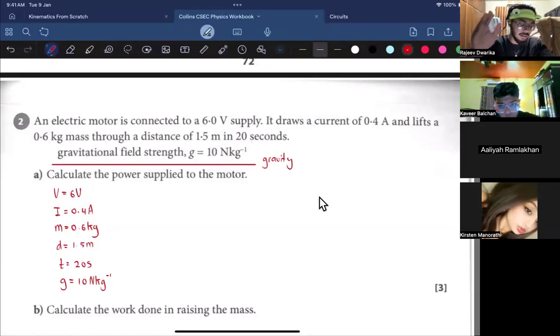So with that being said, Aliyah, I would like you to calculate the power supplied to the motor. How will we do that?